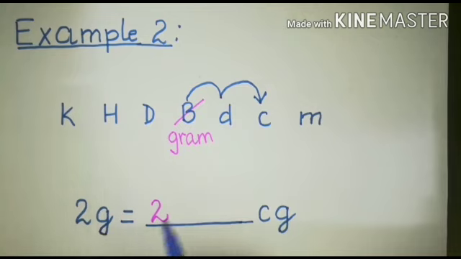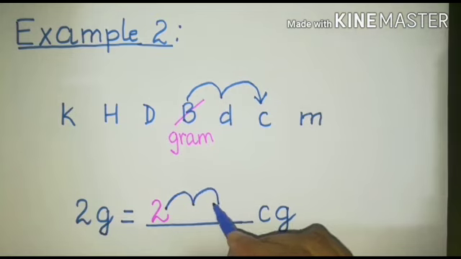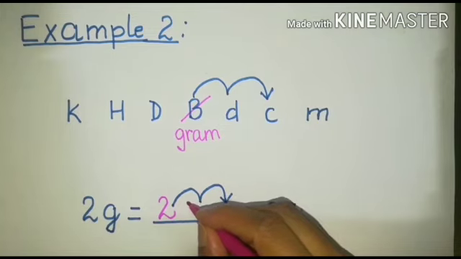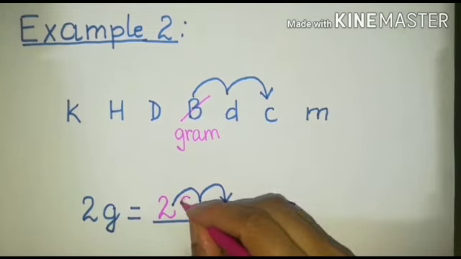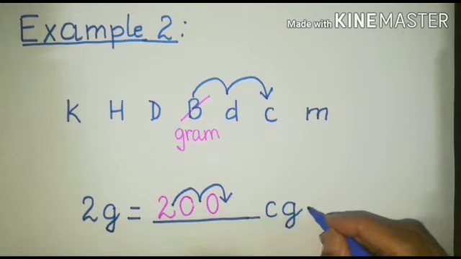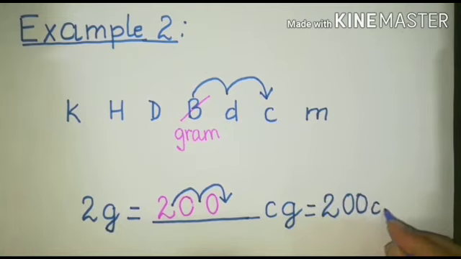Now since there is no decimal place here, we assume that the decimal place is at the end of the number. So it's here. So we need to move 1 and 2 places forward, and I will add 0 in the empty spaces. So my answer is 200 centigram.